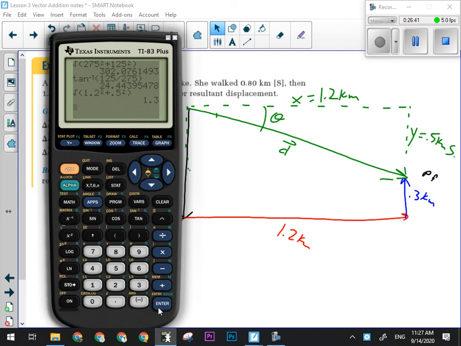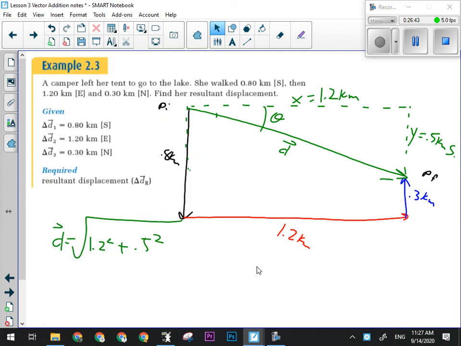All right, so that overall displacement is 1.3 kilometers. If she was able to do this trip over again and just walk in a straight line, she'd walk 1.3 kilometers.